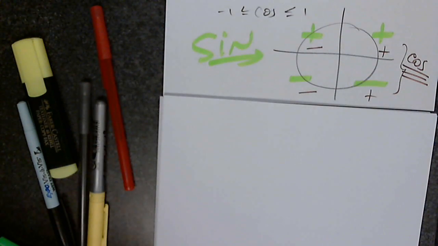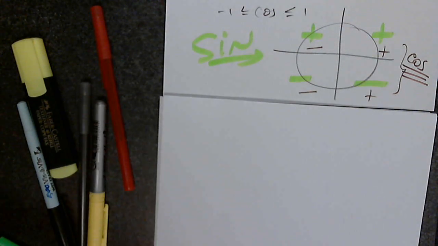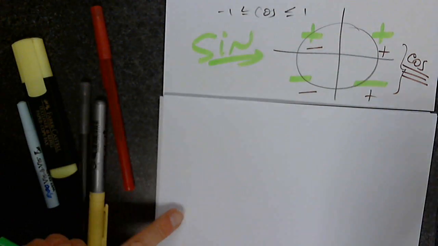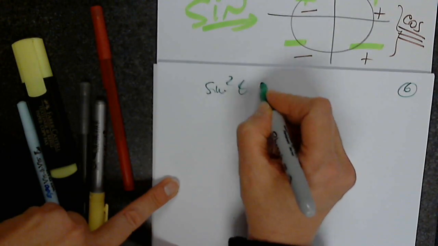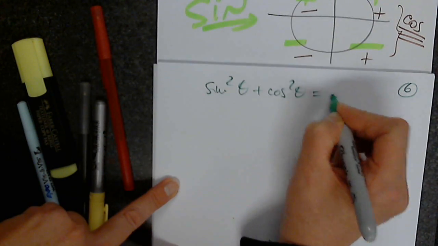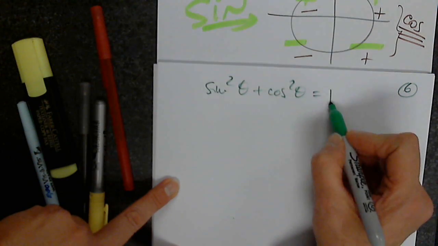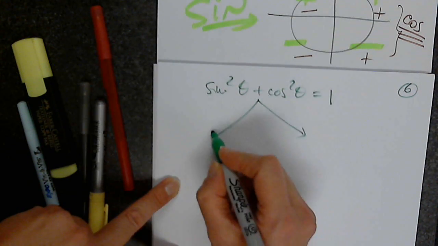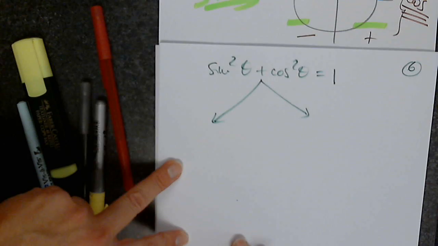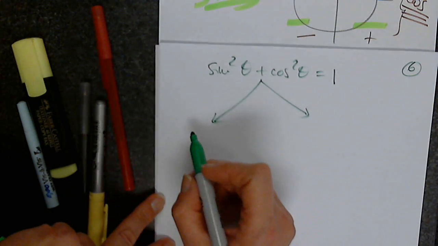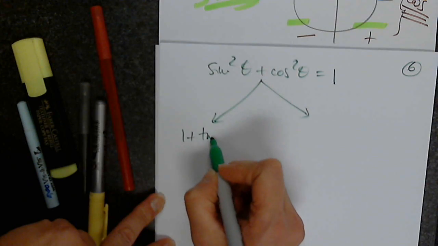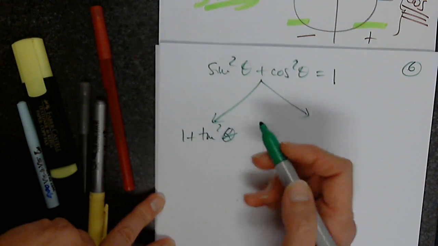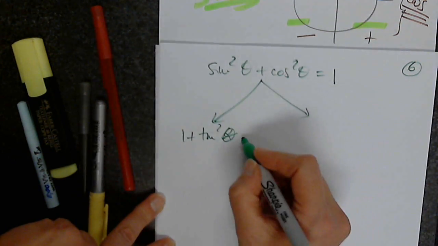This is the only information I would like you to remember. Sine squared of theta plus cosine squared of theta is 1. From here, we have two more identities. Can anyone remind us which identities? Yes, 1 plus tangent squared or tangent squared plus 1, it doesn't matter, equals?